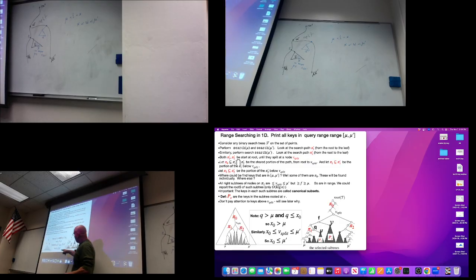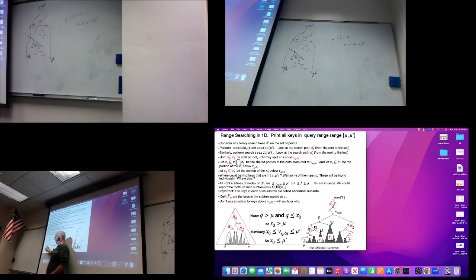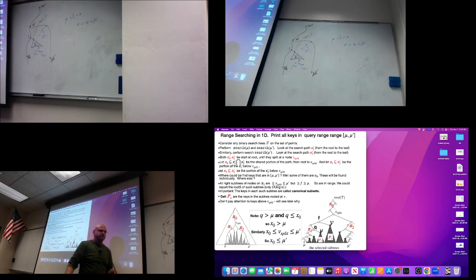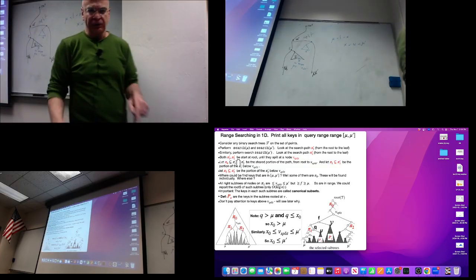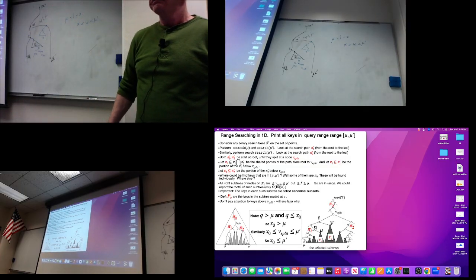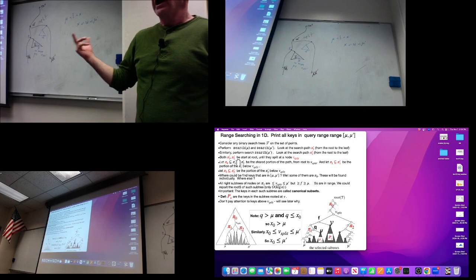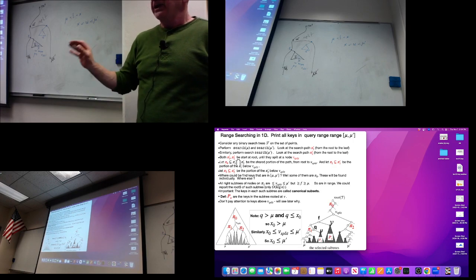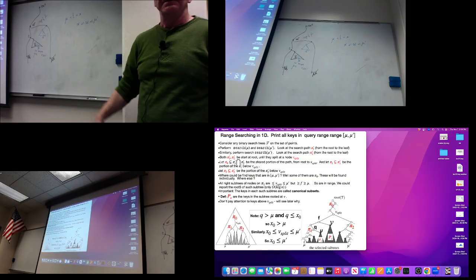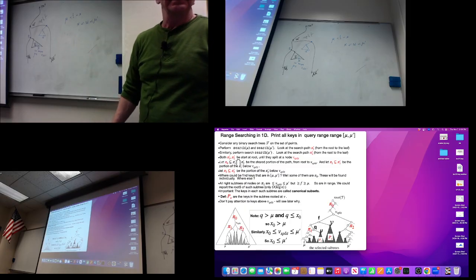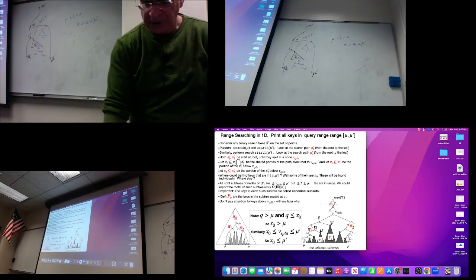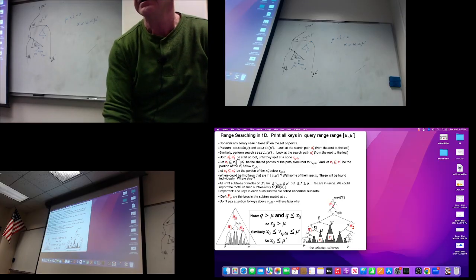If the height of the tree is log n, then there will be at most log n subtrees hanging on pi 1, and at most log n subtrees hanging on pi 2. For reasons that we'll see shortly, it will be important. But in the meantime, all I need to do now is, after finding all these subtrees, print each one individually, all the elements inside. So the 1D problem is not too interesting, but here is the solution.